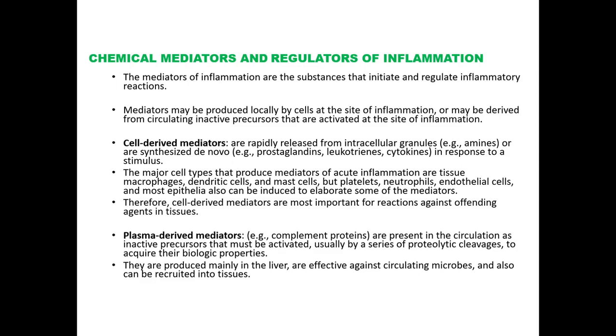So the complement proteins should be activated by a cleavage of the complement. For example, C3 is divided by the cleavage into C3a and C3b. These are the active components of the C3 part of the complement system or proteins.